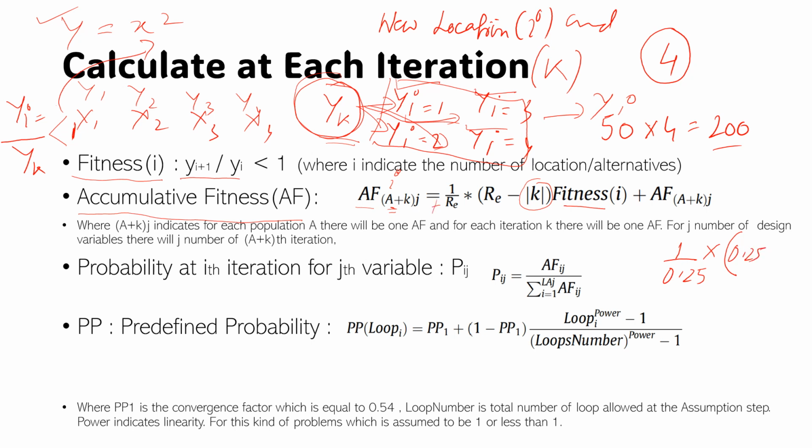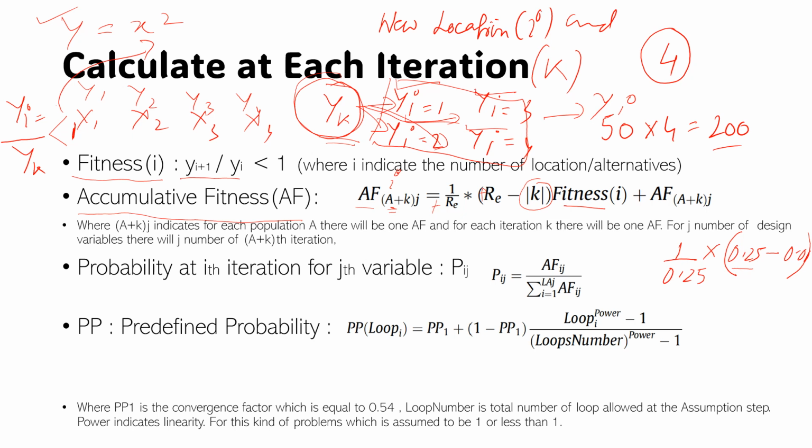As I discussed in the previous slide, plus RE for our case is 1/4 of the search domain, so it is 0.25. Now if it is the first instance, the first loop, then this K will be 0.01, because you cannot take the value of 0, so you have to take something greater than 0.